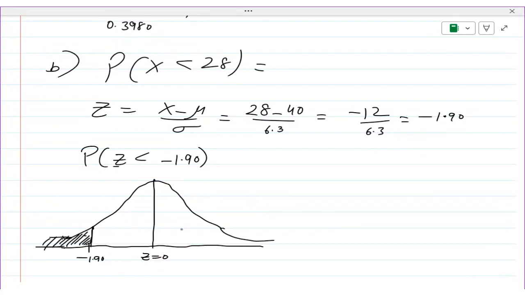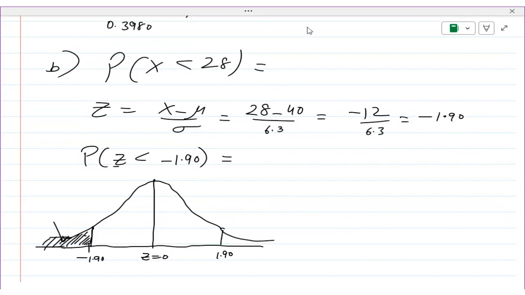So again, two things are possible. You may be given between z equal to 0 and 1.90, or directly in the exam you may be given this, whatever is asked in the question itself. If it is directly given, then well and good.